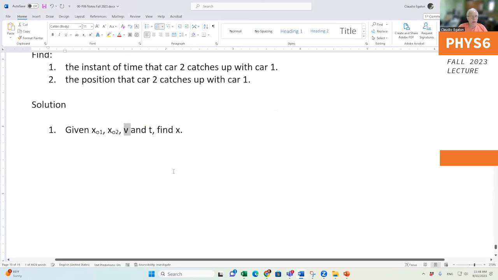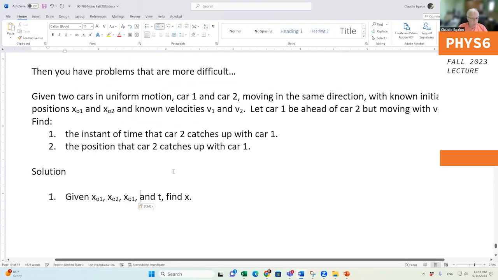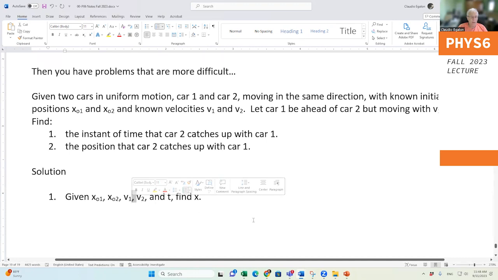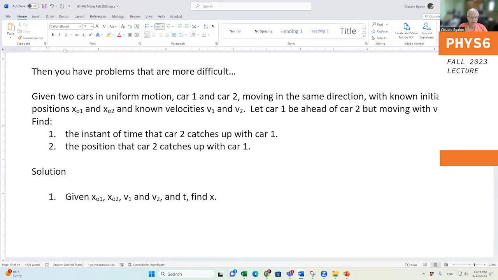We're going to have v1 and v2, right? Find, what do we want to find? Find t and x. That's what we want to do.